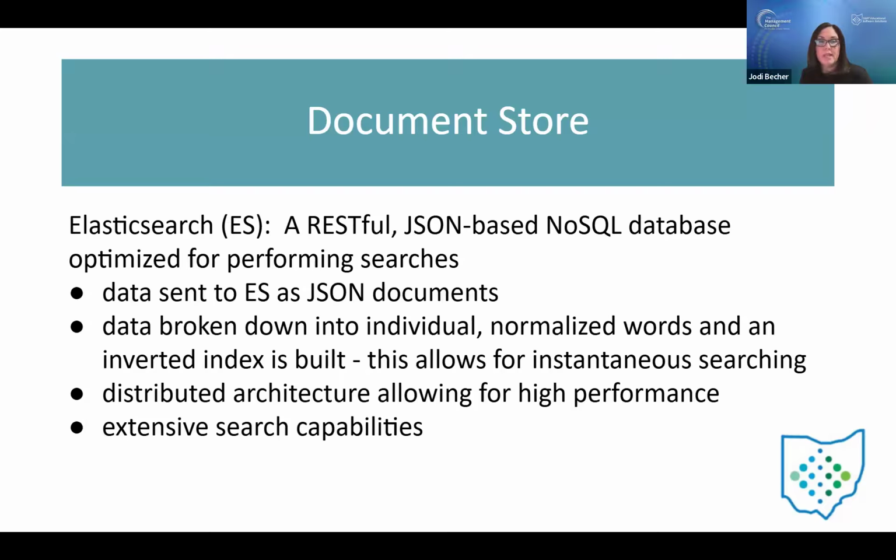The data is broken down into individual normalized words, and then an inverted index is built, and that allows for the instantaneous searching. Its distributed architecture allows for high performance, which is how we're gaining that quick response when the searching is done. And the search capabilities are extensive.